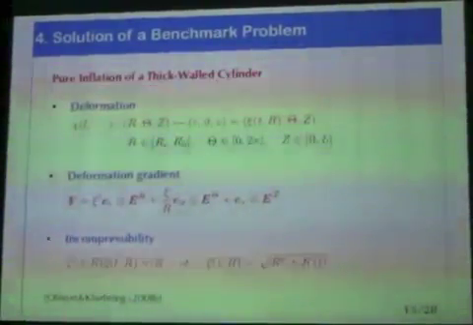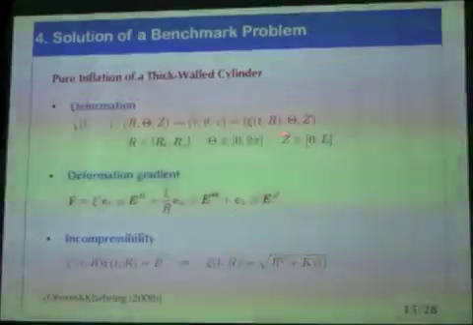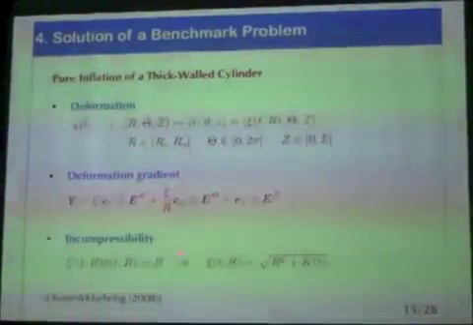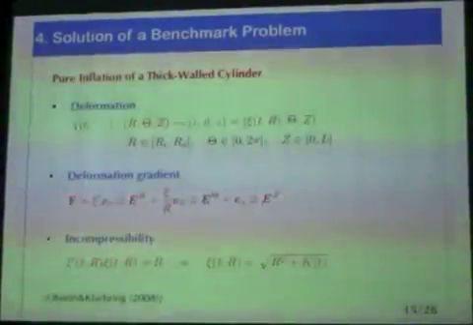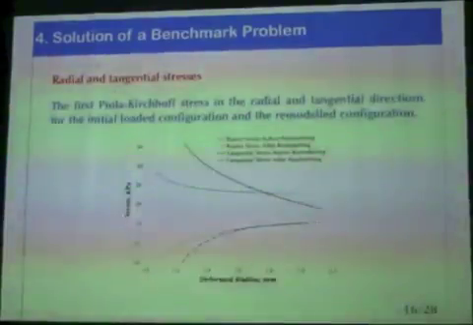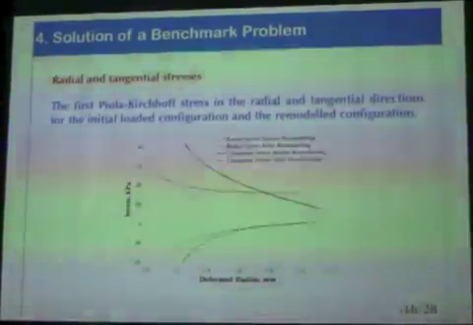So you give this deformation, which preserves axial symmetry. This is the deformation gradient. This is what the incompressibility constraint implies. And you can start the calculations. So I will show you some results.